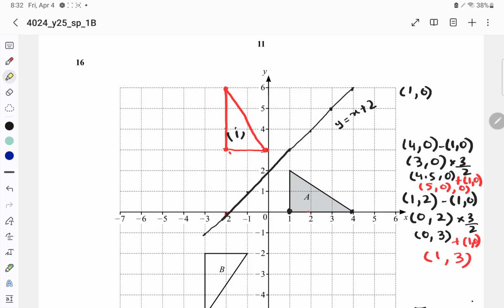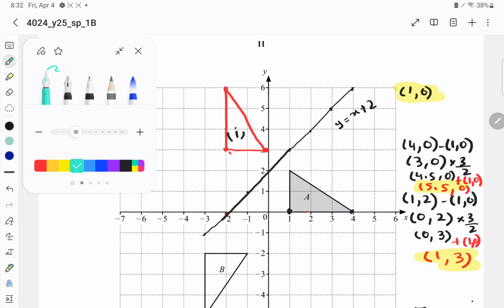So the next 2 points you have are 5.5 comma 0, and 1 comma 3. These 2 points you have to plot with your 1 comma 0, and that is your final answer.